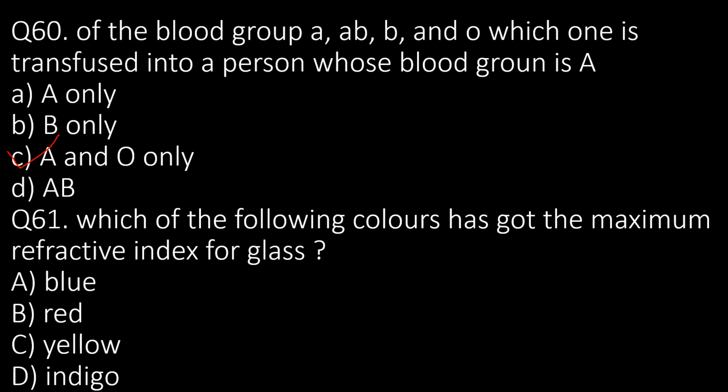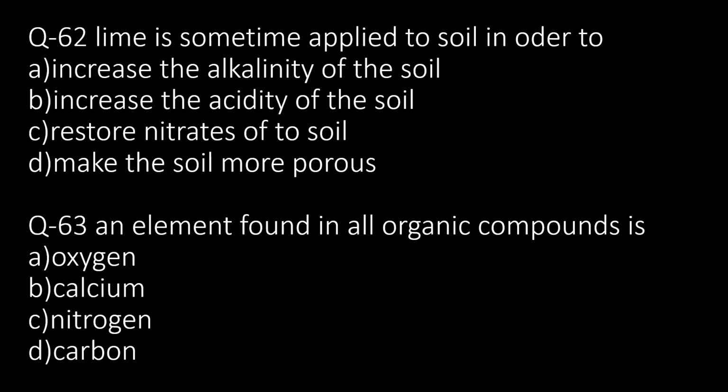And the right answer is option B, red. Our next question is, lime is sometimes applied to the soil in order to, and the right answer is option A, increase the alkalinity of the soil.